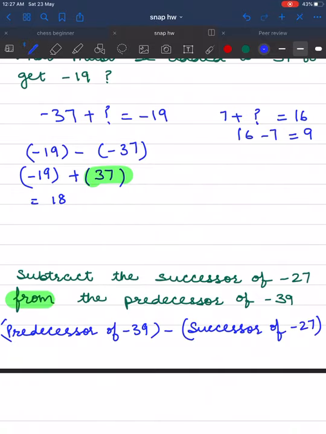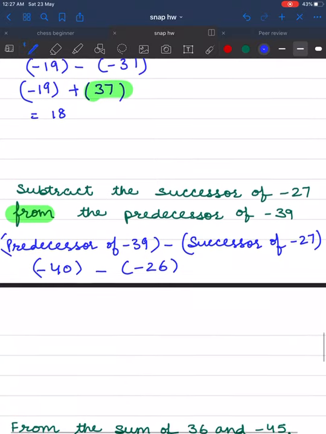And children, you already know how to find the predecessor and successor. So the predecessor of minus 39 is minus 40, and the successor of minus 27 is minus 26.